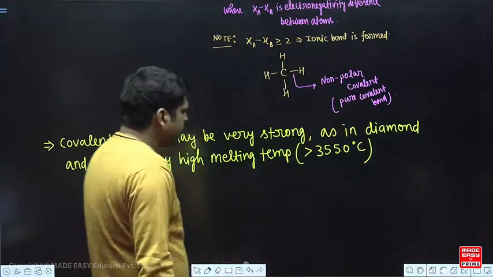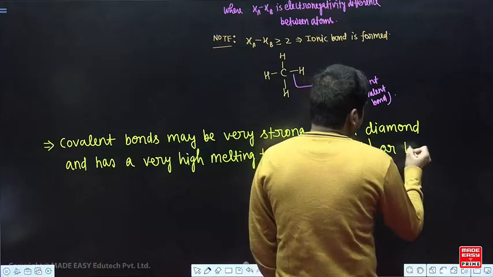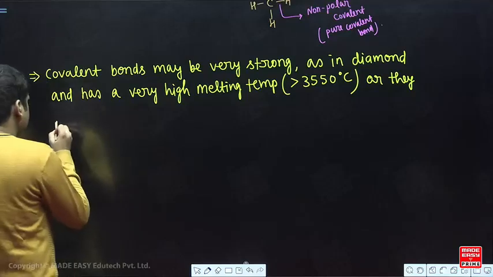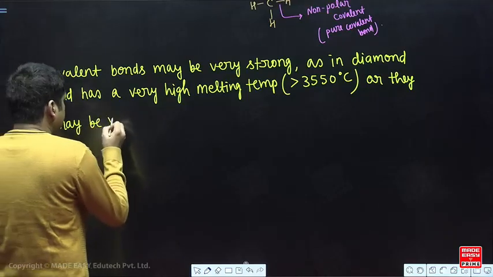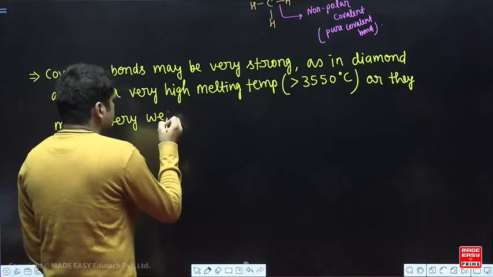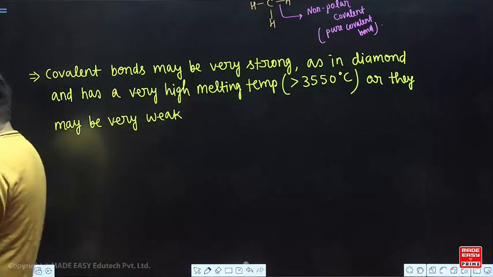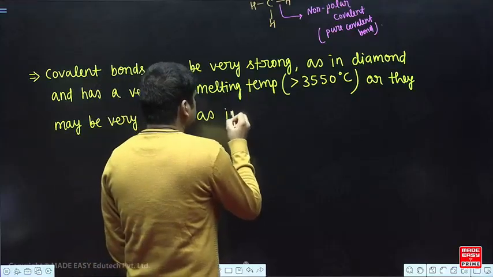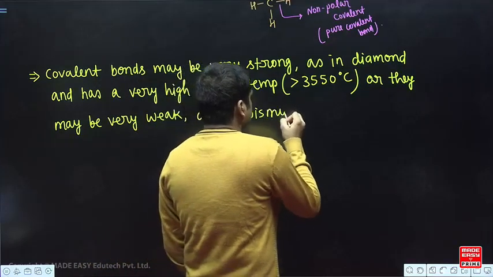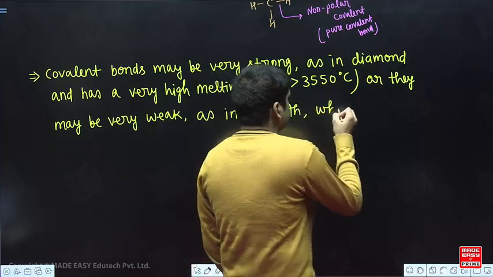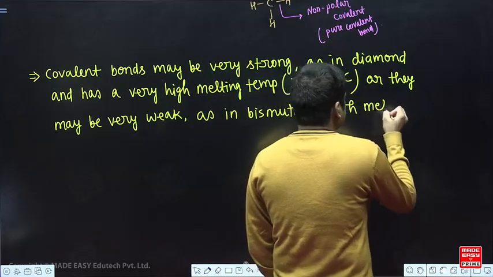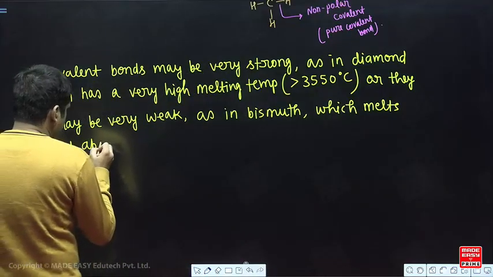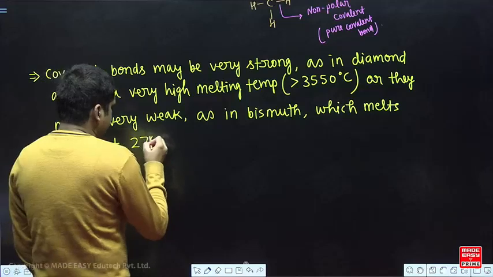Or they may be very weak, as in bismuth, which melts at about 270 degrees centigrade.